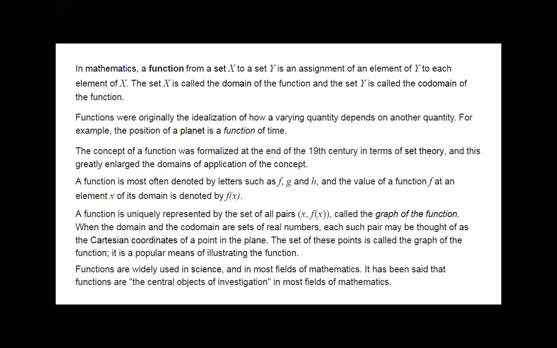What it is saying is, if domain and codomain are sets of real numbers, x and y, each such pair, one from x and one from y, can be thought of as the Cartesian coordinates of a point in the plane.